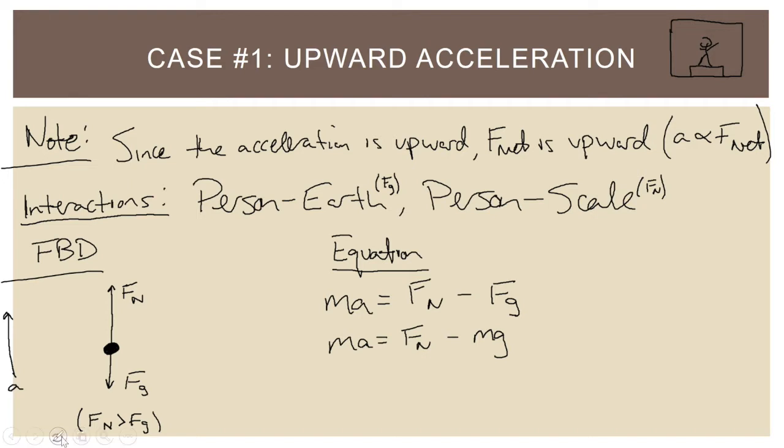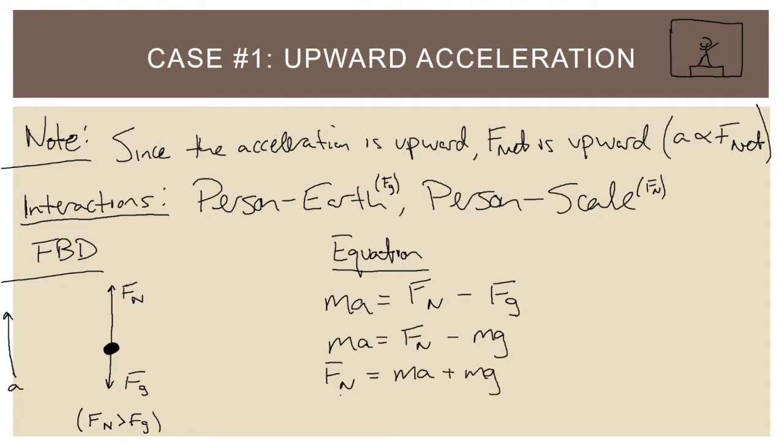And so the important thing to remember is that here, in almost all these elevator problems, your goal is to solve for the normal force. And as you'll see here, it's not equal to the weight. Notice if we go ahead and solve this for the normal force, we get the normal force, Fn, is equal to ma. And then when we add the mg over to the other side, we get plus mg.